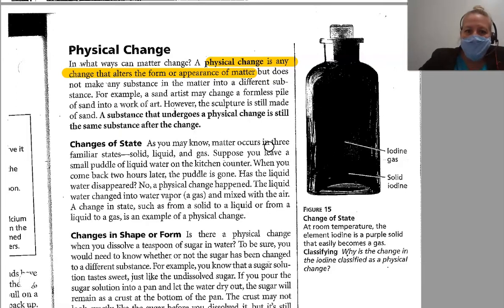So it does not change substance, okay? It is not a different substance. For example, a sand artist may change a formless pile of sand into a work of art. However, the sculpture is still made of sand. A substance that undergoes a physical change is still the same substance after the change.